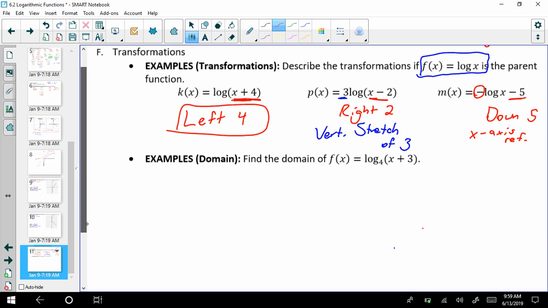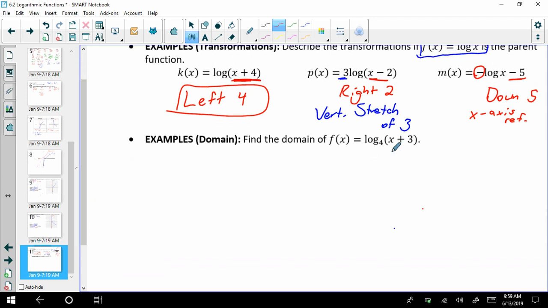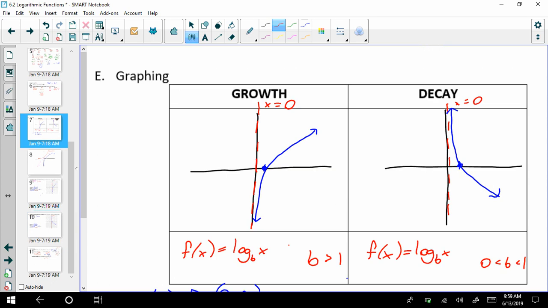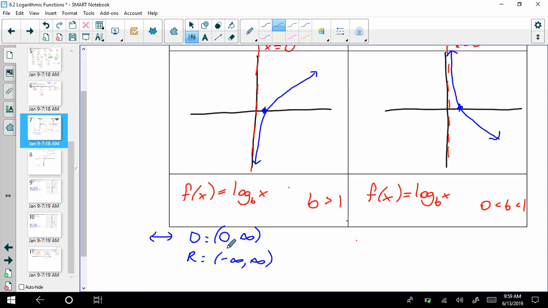Okay, and the last one, find the domain of this function. Let's see if we can do it without even seeing the graph. So first, I would identify what is this transformation doing? Well, that's left 3. So just think about it. On the original graph, notice how the domain was 0 to infinity if it hadn't moved.